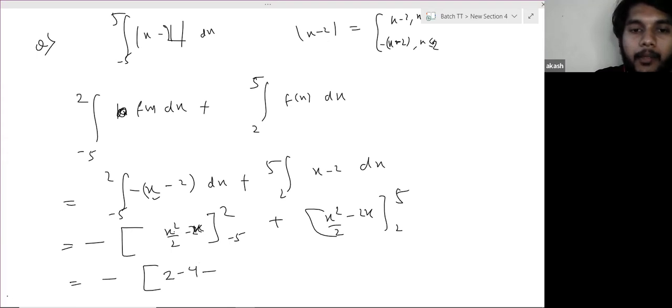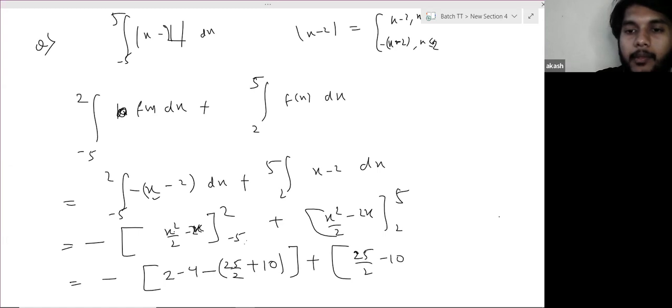When you put minus 5, this is 25 by 2. And when you put minus 5 here, you will get plus 10. Right? This is 25 by 2 minus 10, minus 4 is 2 minus 4.